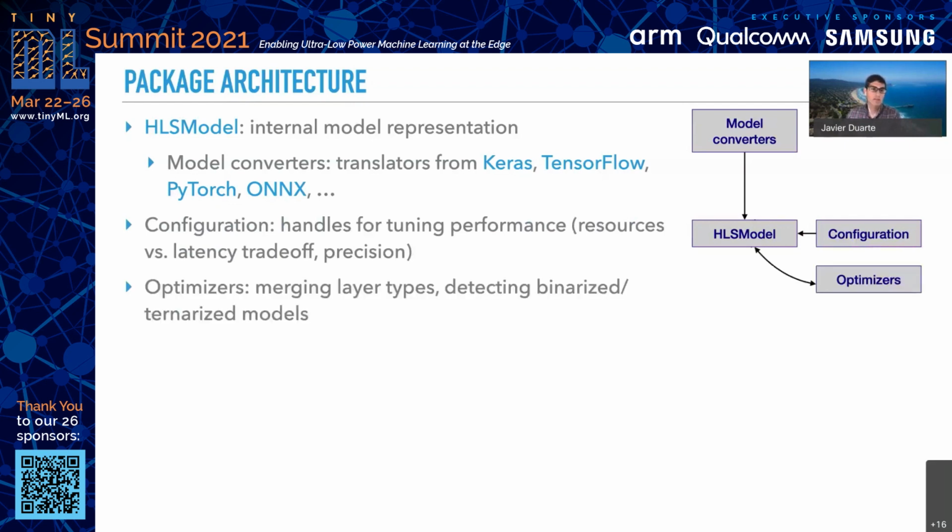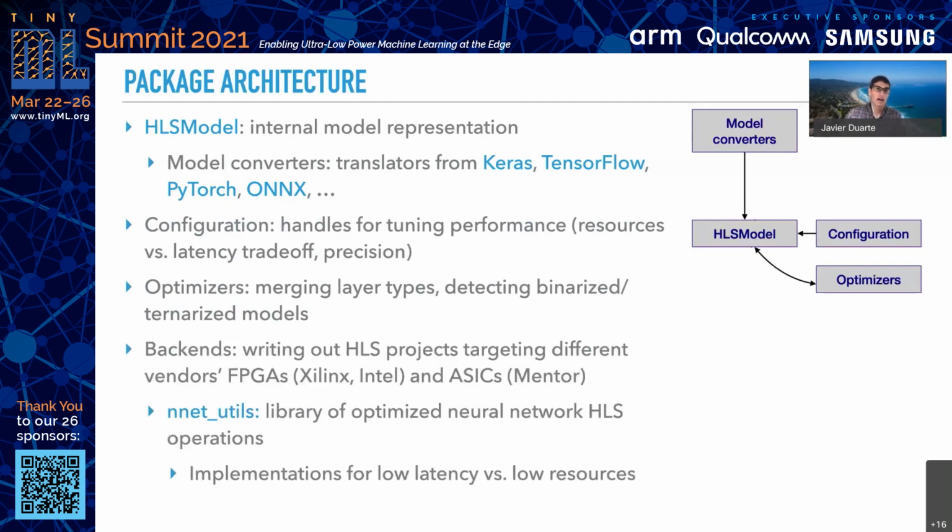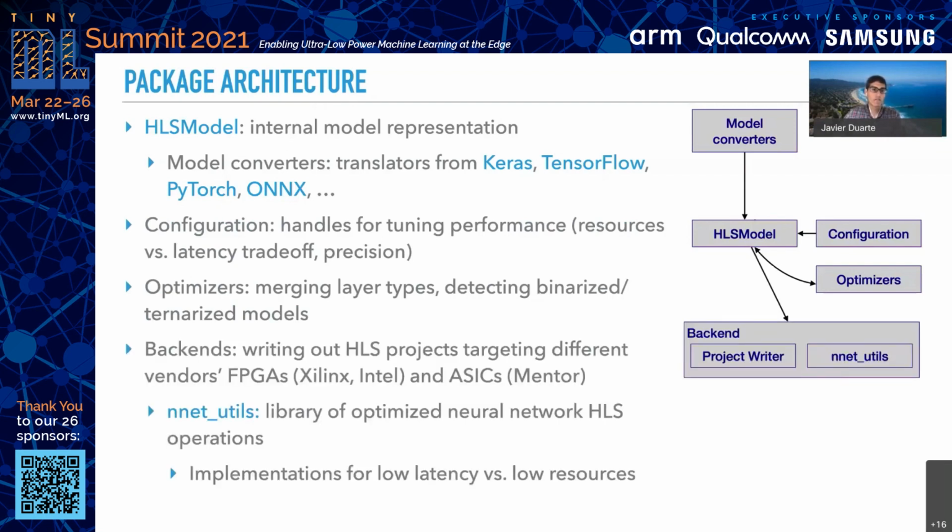Then there are optimizers that detect when the model can be optimized, such as fusing nearby adjacent layers like batch normalization. And then finally, the core of the package is in these different backends, which write out HLS projects targeting these different vendors' FPGAs like Xilinx and Intel, as well as ASICs, which we do through Mentor's Catapult HLS.